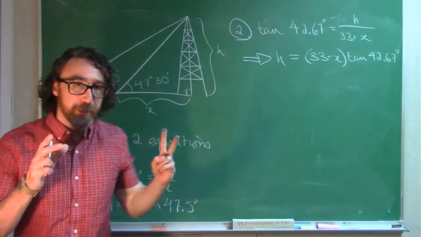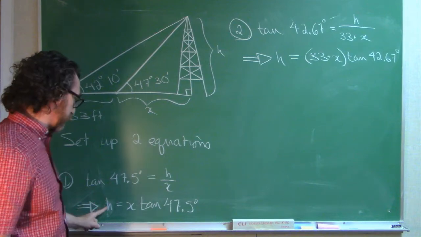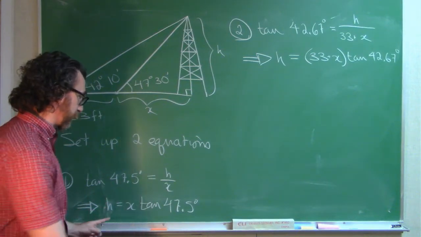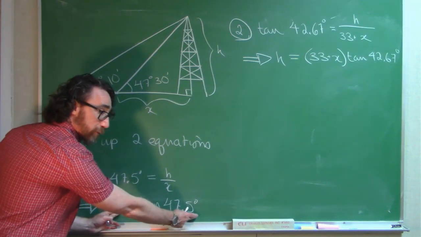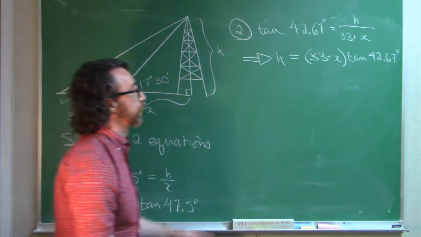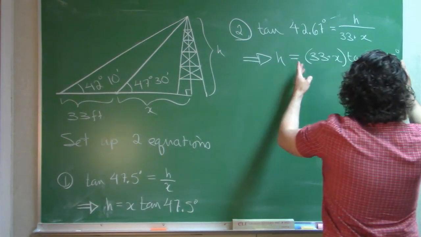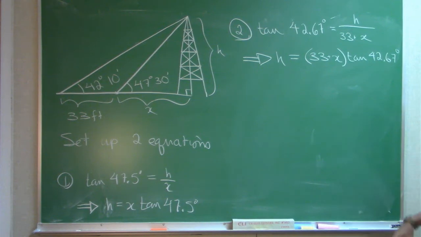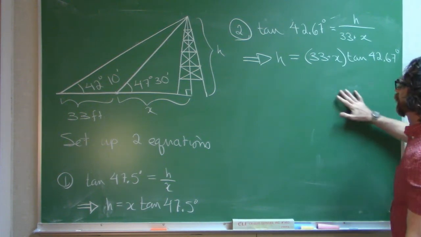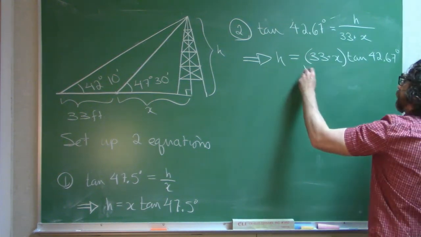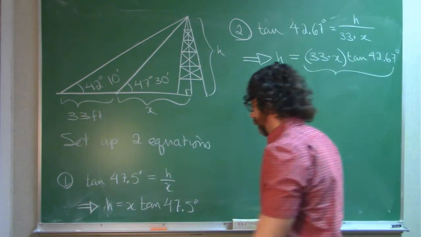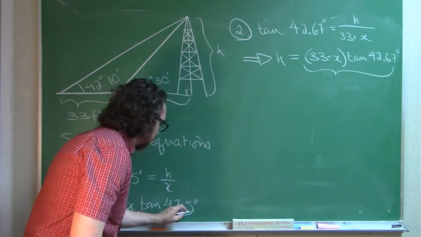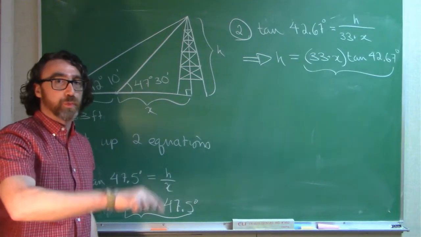So I got two equations. This tells me h is equal to that expression right here. The second one is telling me h equals this other expression right here. So that means these two expressions, this guy and this guy, must be equal to each other.